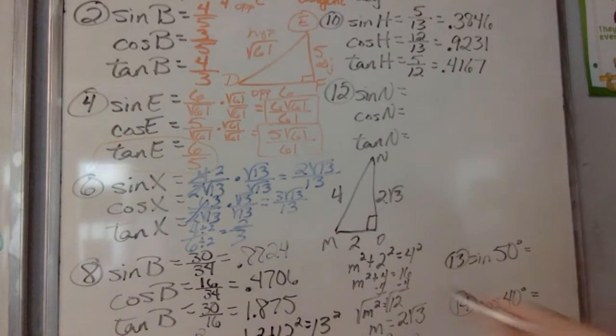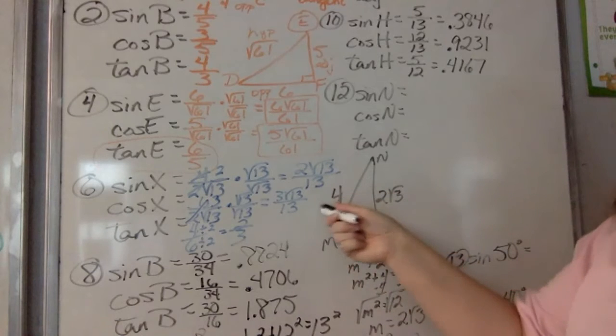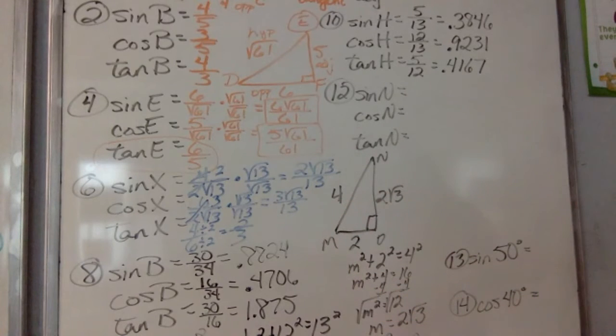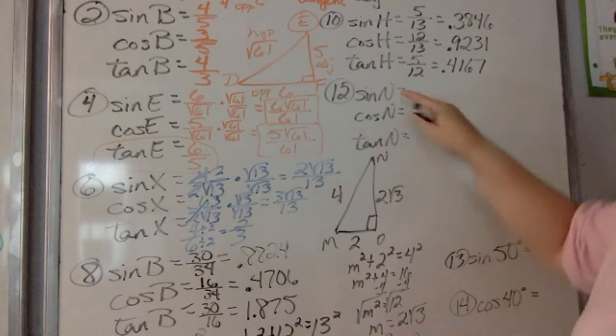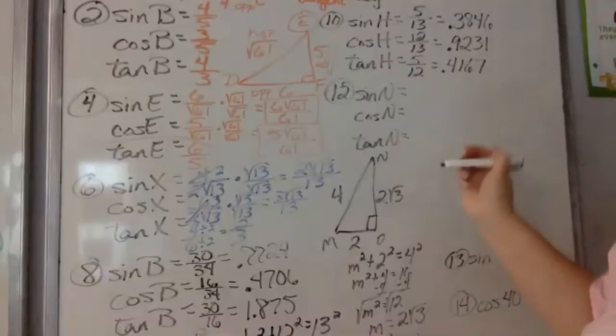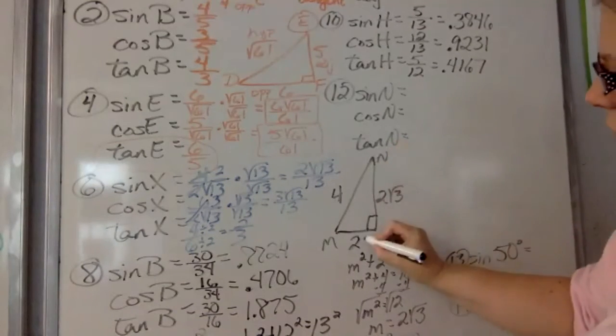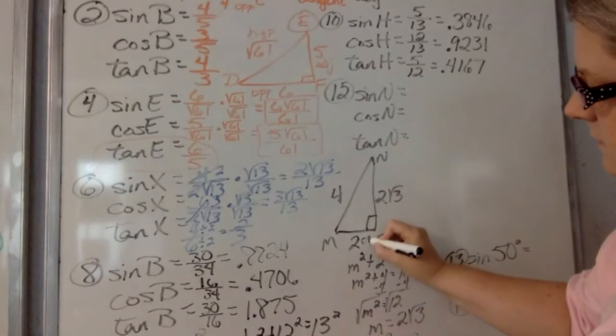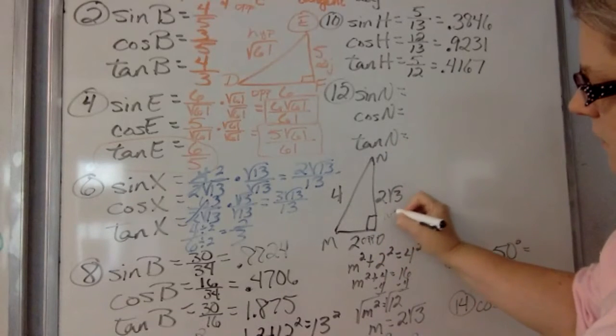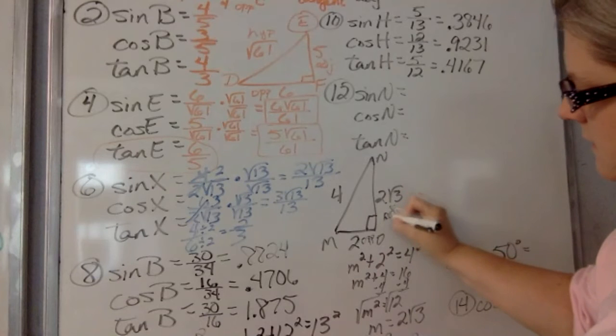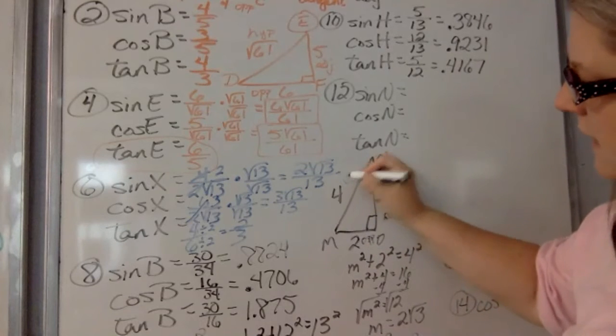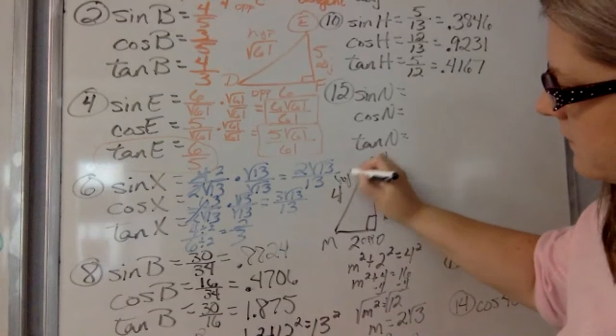They have the ratio 1, square root of 3, 2. So on my sides now, I'm talking about vertex N. So from N, 2 is my opposite. 2 square root of 3 is my adjacent. And then 4 is, of course, the hypotenuse.